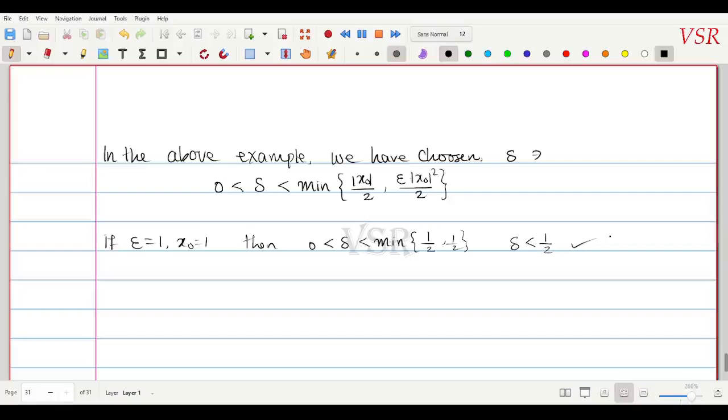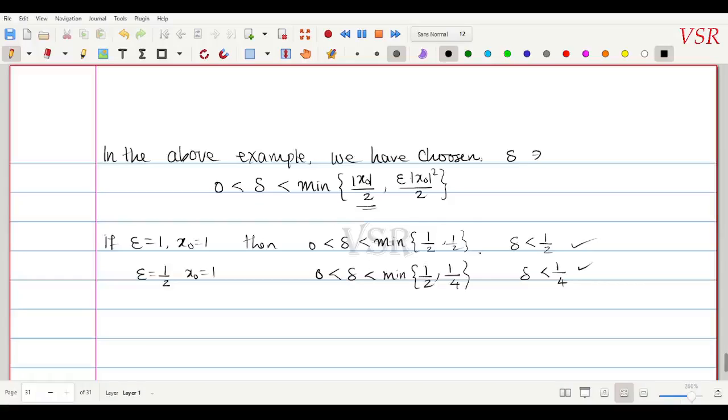Okay, suppose epsilon equal to 1 by 2, x naught equal to 1, I have only changed epsilon to 1 by 2. Then 0 is less than delta which is less than minimum of 1 by 2, comma, 1 by 4. So you will choose delta which is smaller than 1 by 4.